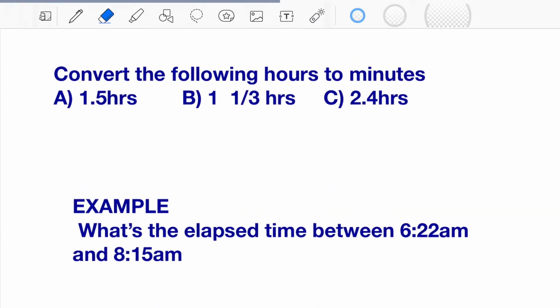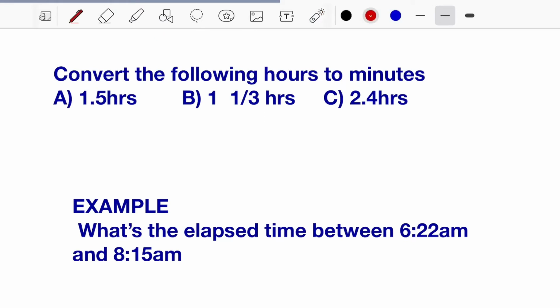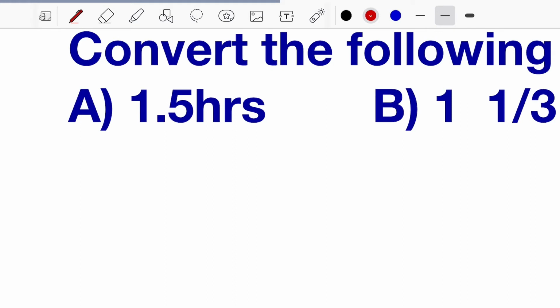The second question, convert the following hours to minutes. So part A, we have 1.5 hours. So in order to convert hours to minutes, we must do the opposite, which is multiply by 60. So 1.5, we can write that as 1 1/2, which is equal to, we can change this mixed number to an improper fraction.